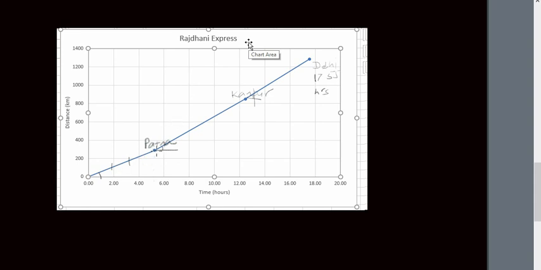But we see that the speed between Kanpur and Delhi is fairly similar. So we will draw a direct line between Katihar and Delhi.